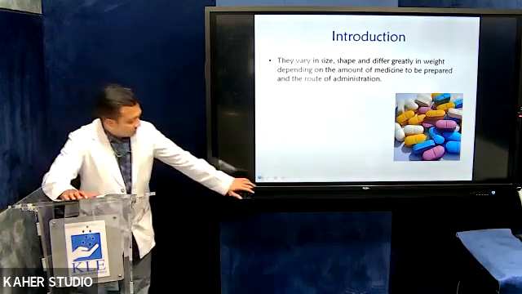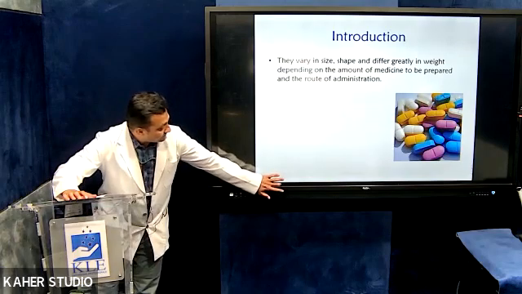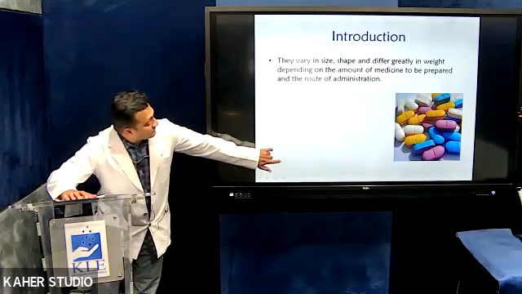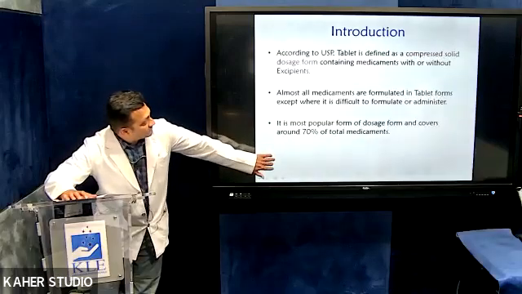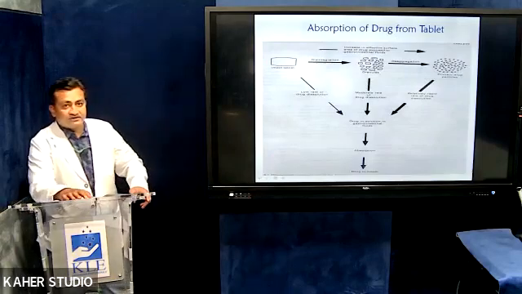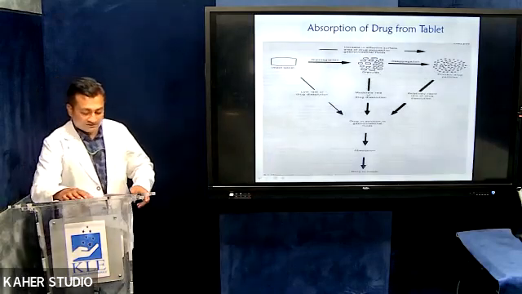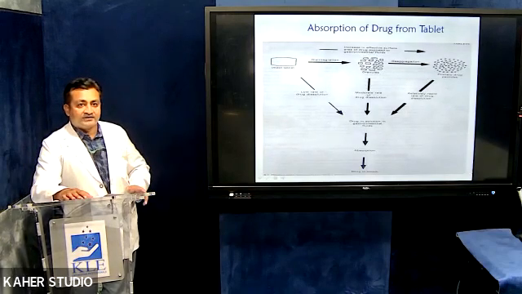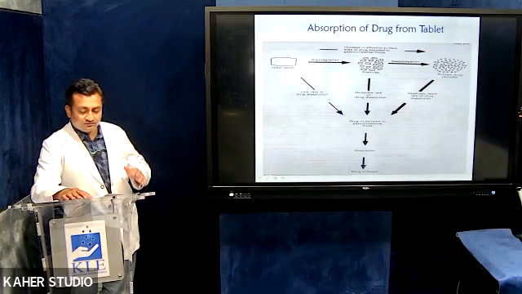Next, let us see how absorption of drug from the tablet occurs. If the patient has taken the tablet, it first disintegrates into granules, and granules into fine particles, and the fine particles into very fine particles.